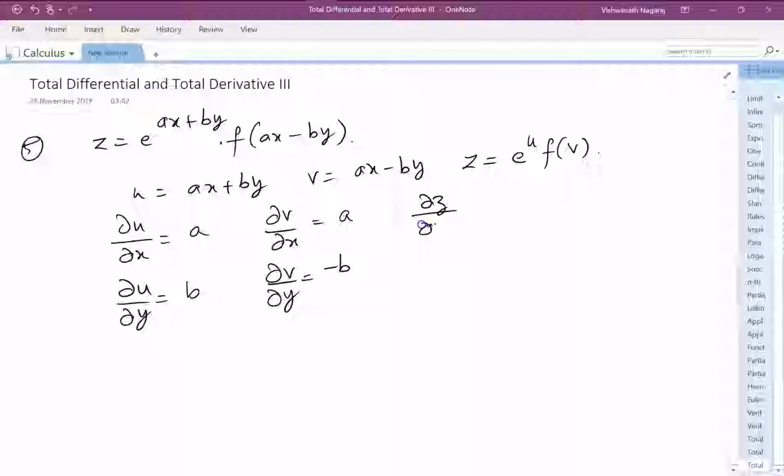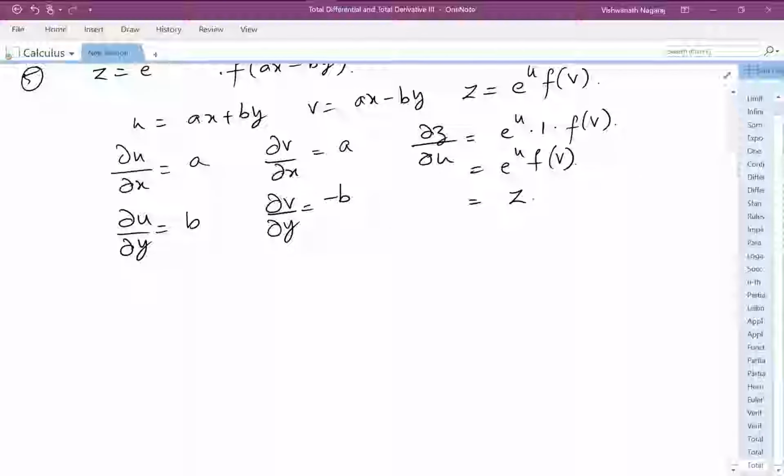Dou z by dou u: now there is no x here, e to the power of u remains as it is, so e to the power of u times 1 times f of v, which is equal to z itself. Now dou z by dou v is e to the power of u remains as it is, f prime of v. Okay, now we have got all the parts.